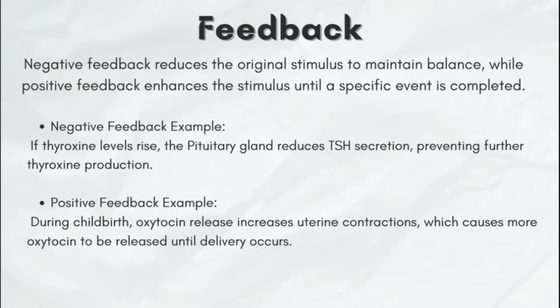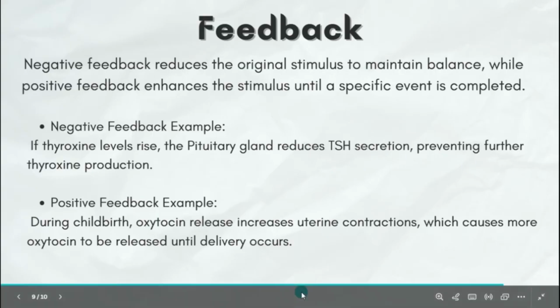So if we're looking at an example, negative and positive feedback. With negative feedback, we're reducing the original stimulus to maintain balance, while positive feedback enhances the stimulus until a specific event is completed.